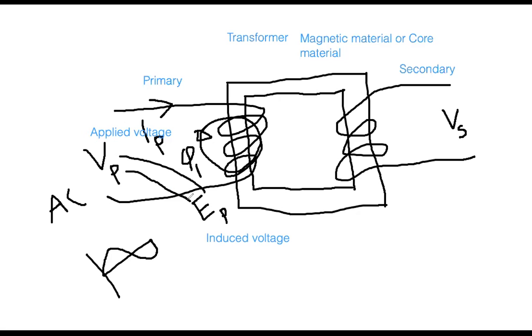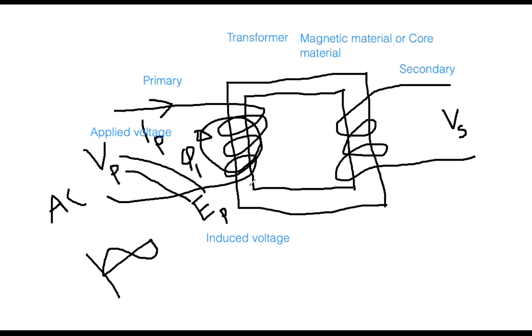Okay, I think everybody understands up to that. Our goal is that we have applied voltage VP, and we want to see voltage here on the secondary side, even though there is no direct electrical connection. That is what I am trying to achieve. Now everybody see the sequence. I explained so far that because of the application of IP, it produces flux phi on this coil, and that induces voltage.